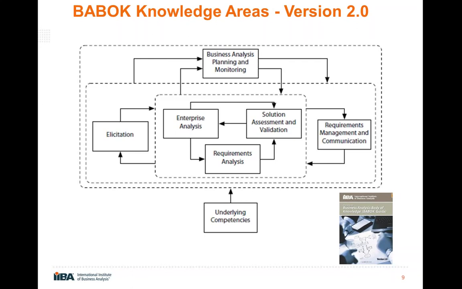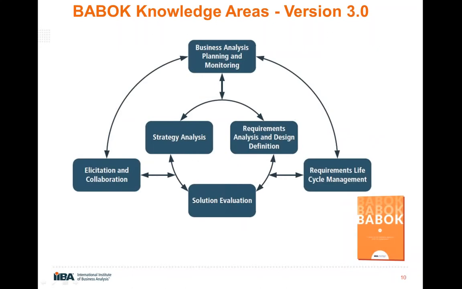And believe me, when we would ask people to draw this on a blackboard or whiteboard, there were a lot of difficulties because people couldn't remember these arrows and relationships between different knowledge areas. So the first task was to really simplify that in version 3, make it easy to connect, make it more relevant, and the interactions are much cleaner among various knowledge areas. This became another key simplification that the knowledge areas have gone through.